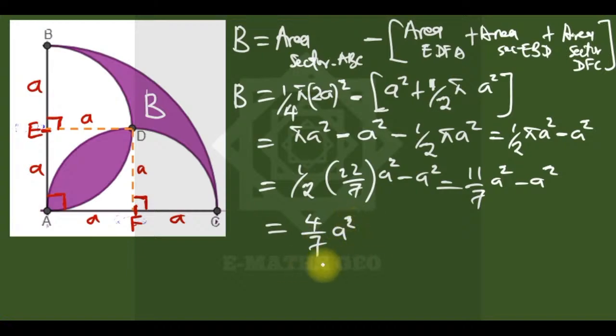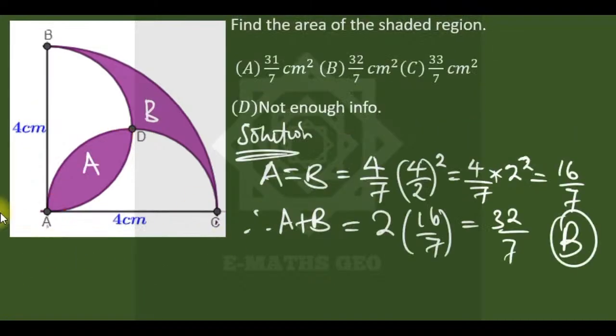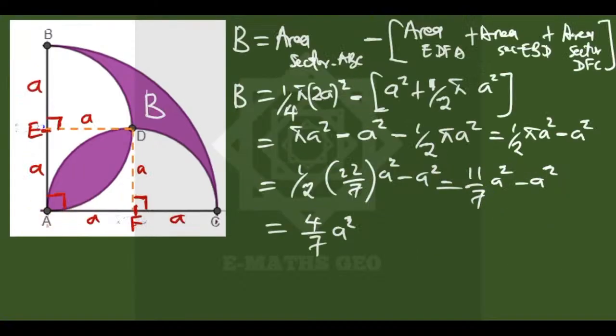So have you seen why I said that the area of A and B is 4/7? A is half of this length. That's why I divided by 2. So if you compare it with this, you see that A is half of 2A.